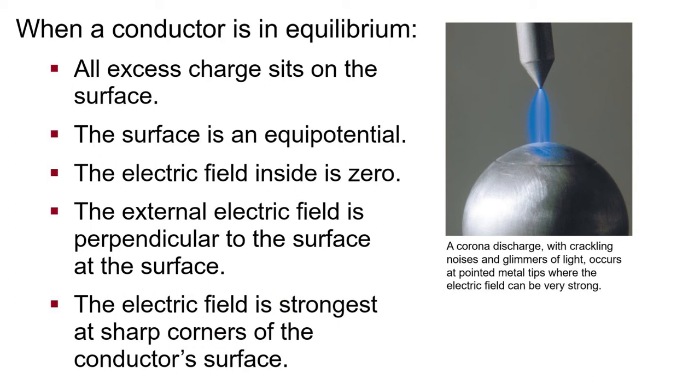This is where you tend to get discharges in the air, because remember, the air will break down if the electric field is more than, I think, about 100,000 volts per meter. And since the electric field is strongest around the tip, that's where we get breakdown. Once we do that, the air becomes a conductor, and so we can get the actual discharge.